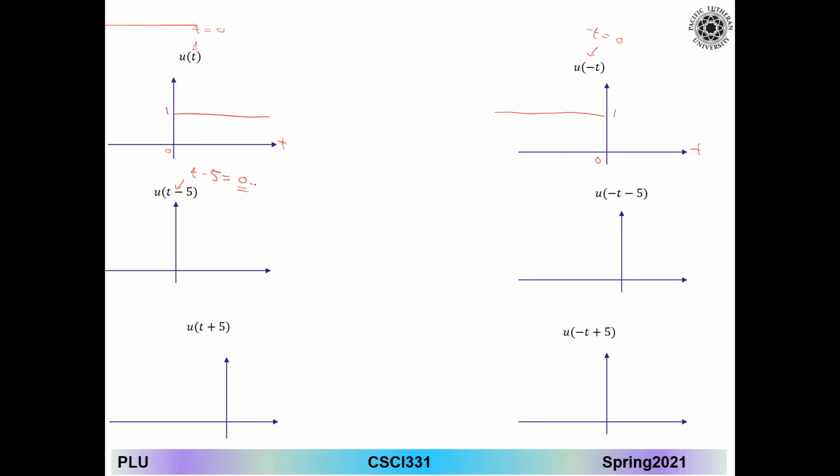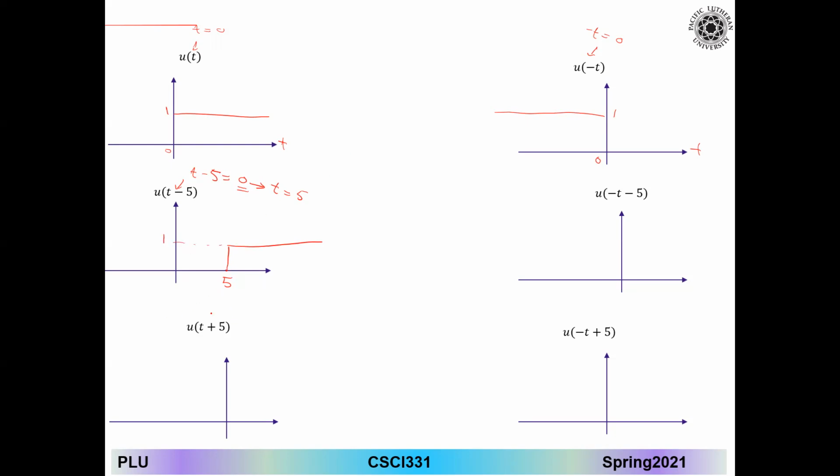From here you find t equals 5. That means I have to step at 5 on the time axis. So here is the value 5, here is t equals 5, and then my unit step will be 1. See, here is the 1.